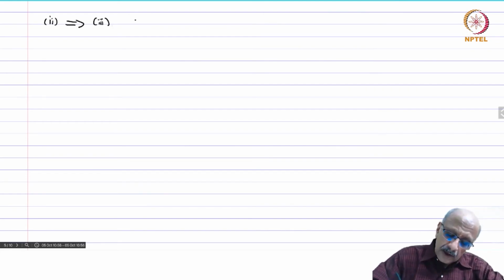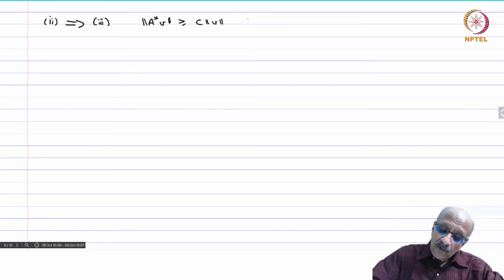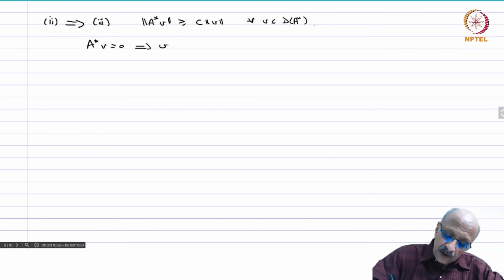So the condition that norm A star V is greater than or equal to C times norm V for all V in D(A star). So if A star V is 0, automatically this means A star V equal to 0 implies V equal to 0.